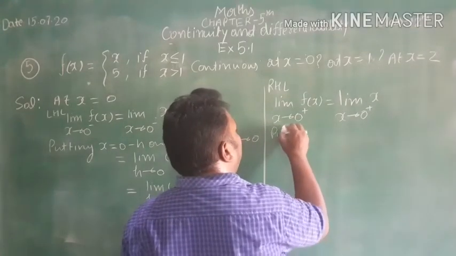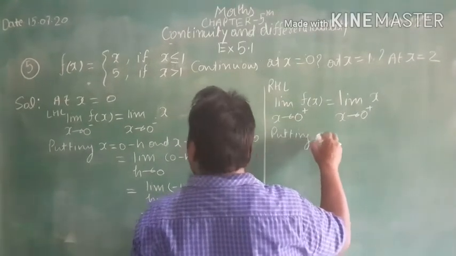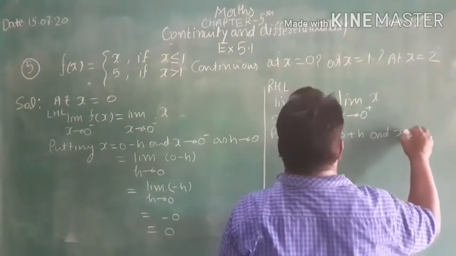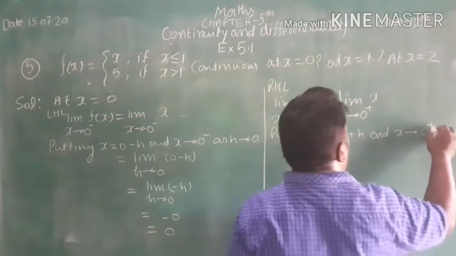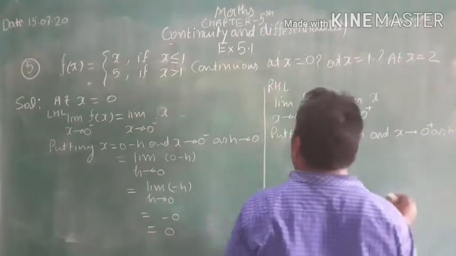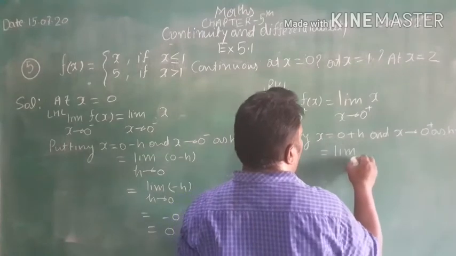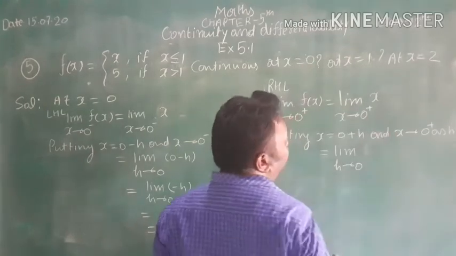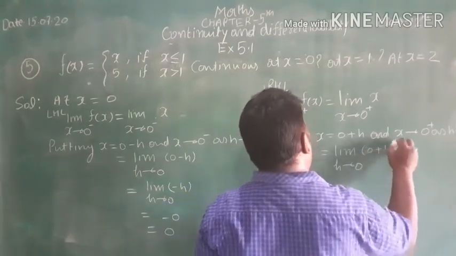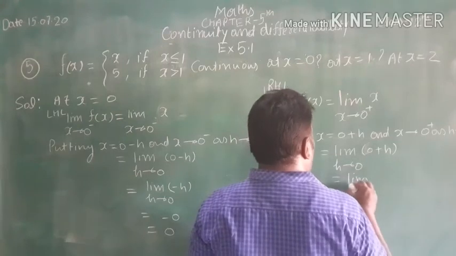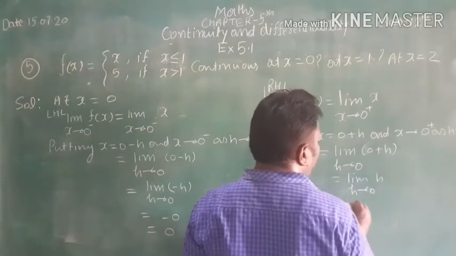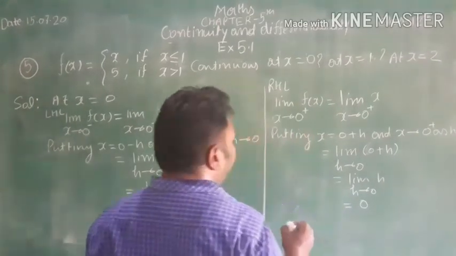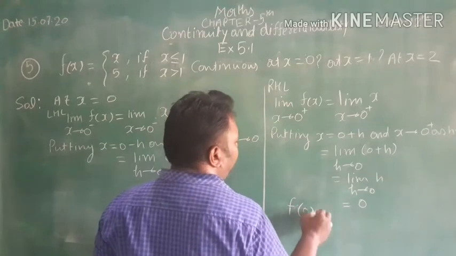Now putting x = 0 + h and x tends to 0 plus as h tends to 0, limit h tends to 0, in place of x put the value, that is 0 + h. So limit h tends to 0 of h, that is equal to 0, and we also find the value of f(0).